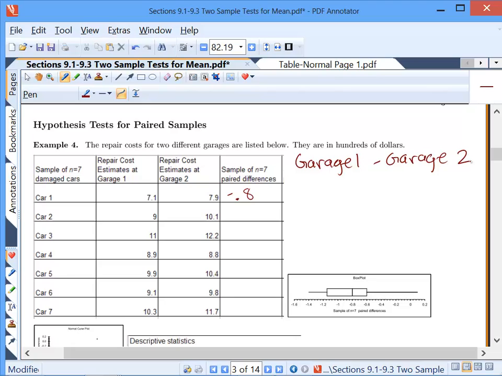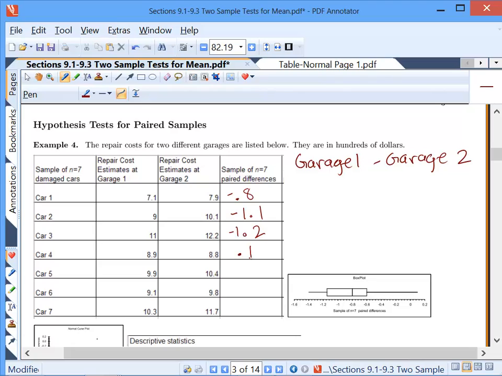I could have done garage 2 minus garage 1. I've just then all of my things would change signs throughout the rest of the test. Okay, so for car 2, we need 9 minus 10.1 gives me negative 1.1. 11 minus 12.2 gives me negative 1.2.